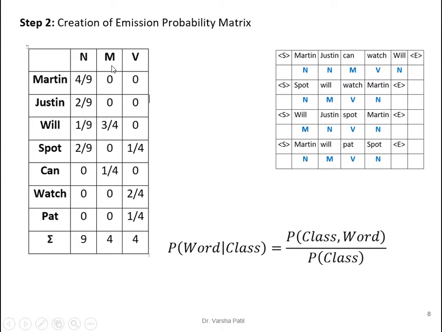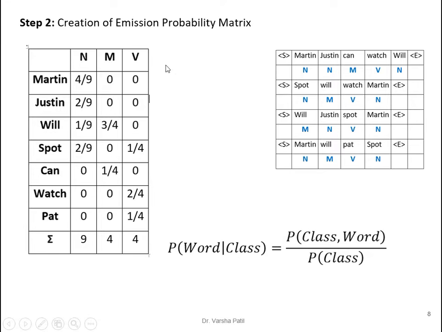Now we apply the Bayes rule. The probability of a word given a class is the probability of the class and word together divided by the probability of the class. That is, how many times this part of speech tag and word occur together, divided by the probability of that class. Here the classes are noun, modal verb and verb.